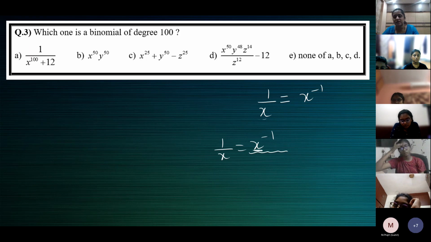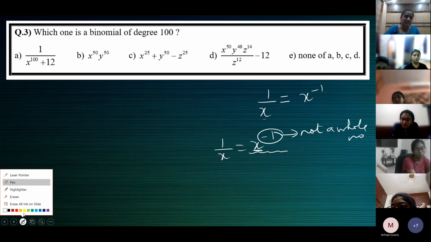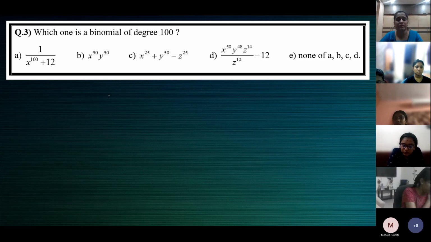The variable is x. Its power is minus 1. And minus 1 is not a whole number. Hence 1 by x is not a polynomial. It's an algebraic expression, not a polynomial.